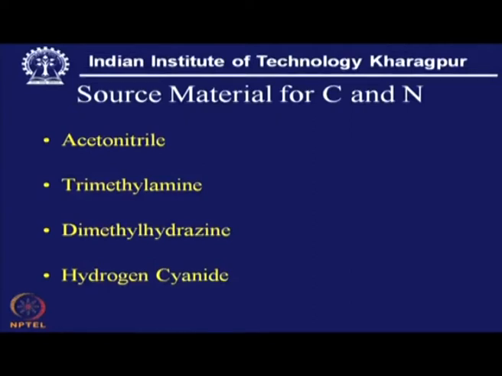Instead of that, if we use acetonitrile, trimethylamine, dimethylhydrazine or hydrogen cyanide, there is ample opportunity of conducting the same CVD, and this can be done well within 500 to 600 degrees centigrade, which will be of immediate interest in that it will be a useful technology process for depositing this material on a wide range of steel family, starting from HSS, die steel, tool steel and many other light alloy steel.